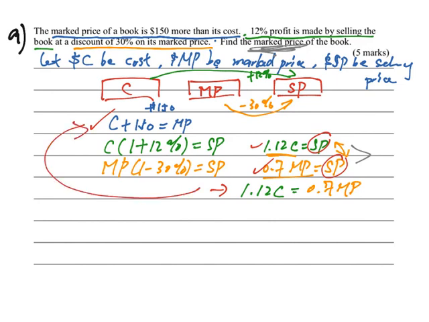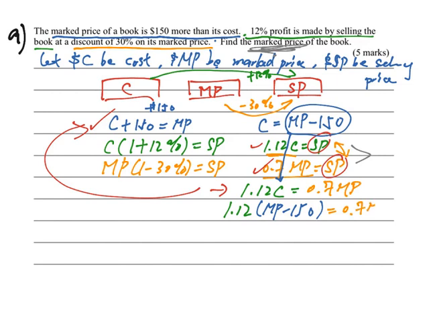So we'll make use of equation 1. We can change C to become the subject, it becomes MP minus 150. And then we will substitute C into here. So it becomes 1.12 times (mark price minus 150) is equal to 0.7 mark price.